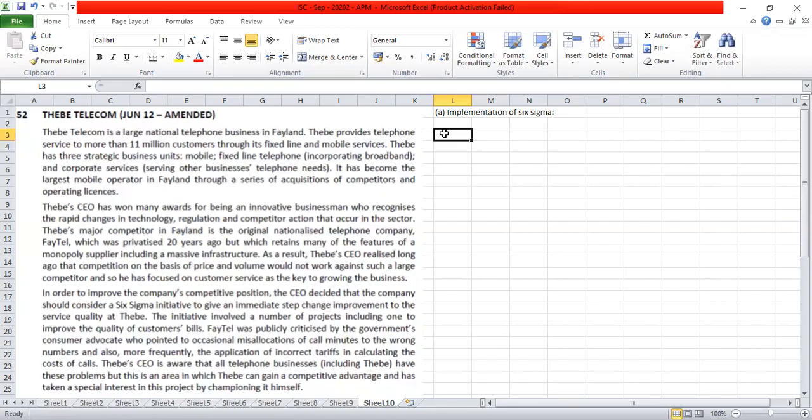So if they have to face the competition, there are various strategies. We also understand the generic strategies: one is working on the cost part of it, or differentiation. What does Thebe believe? Thebe realized long ago that competition on the basis of price and volume would not work.